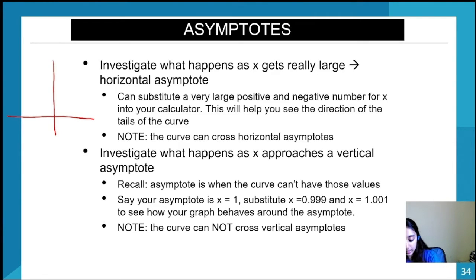So what we can write is as x approaches infinity, y approaches an even humongouser number, 1 times 10 to the power of 13, which is also infinity. So as we get a huge x number, we get an even bigger y number.